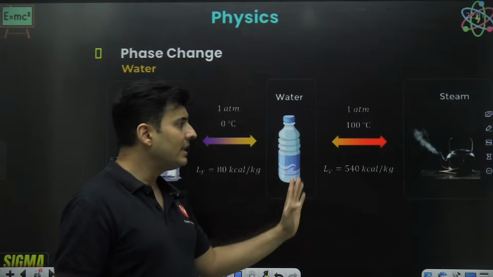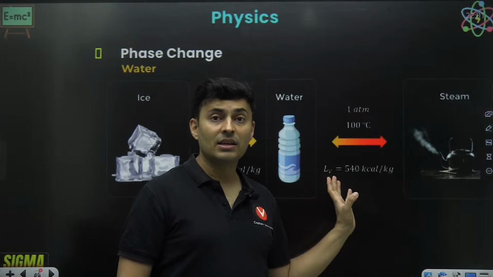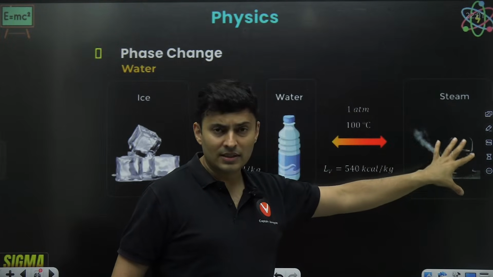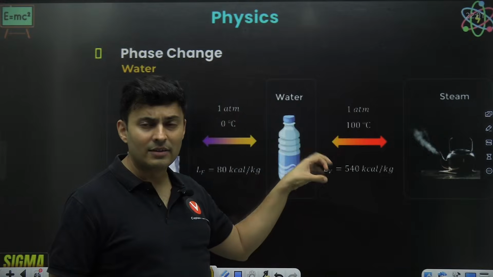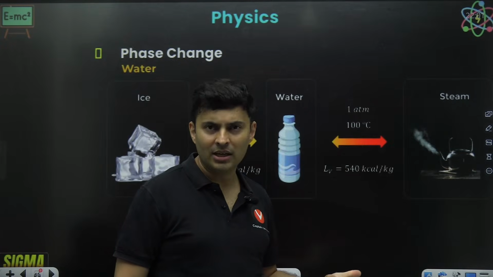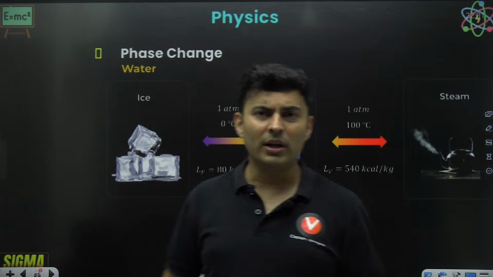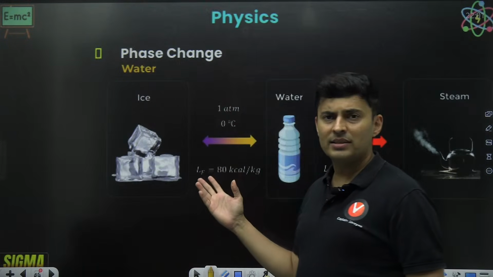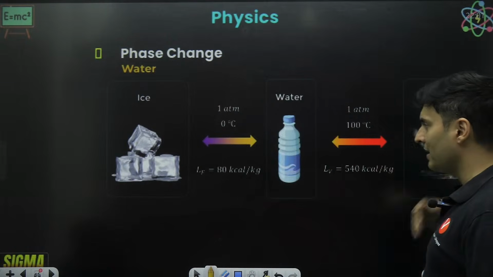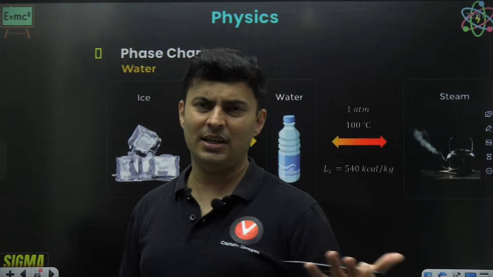Same thing, liquid going into gas, which is vaporization, or the reverse, this gas converting into liquid, which is condensation, happens at the boiling point, which is also a very unique temperature for a material. For water or H2O, we know freezing point is 0 degrees Celsius and boiling point is 100 degrees Celsius. But for other solids and liquids, it could be different, and it is different.